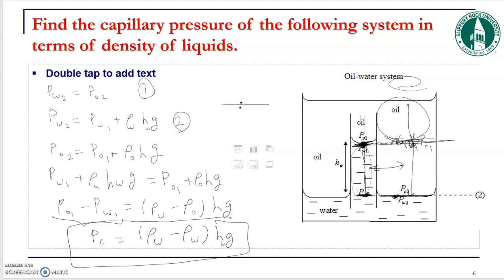And finally, we had PO2, which was the pressure here, that is equal to PO1, the pressure at this point, plus the hydraulic pressure of oil, which is rho oil G H. So from equation 1, we can see these two are equal, so we put these two equations equal to each other. And by some simplification, we can find the capillary pressure for this case. So we continue on this topic in the next video.